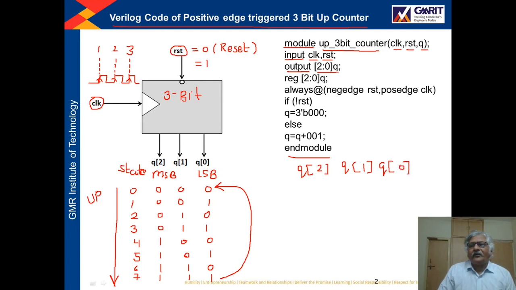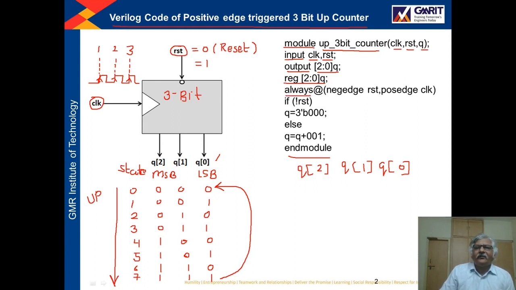So now 3 elements have been created, which are shown here as output. After this, we have declared the reg type. Q is again declared as a reg type, because inside the always block we are going to assign values to Q. That's why it is declared as reg type.